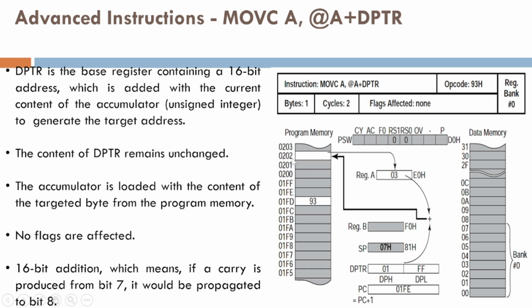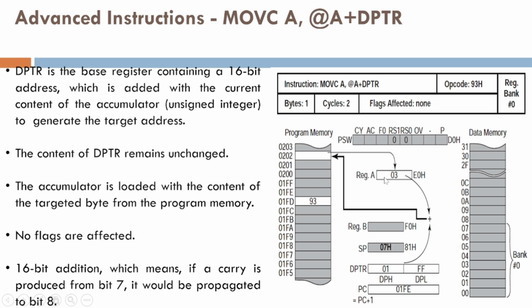Why? Because DPTR was having 01FF, and adding 3 to it, 1, 2, and 3, it will give you the location 0202. Now the content of 0202 will be put into the register A.